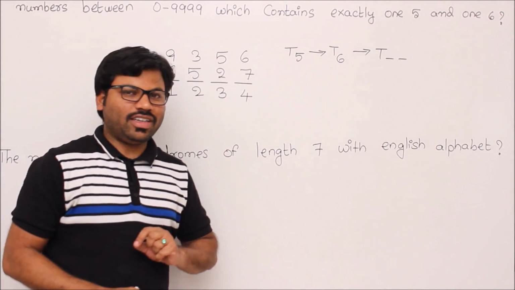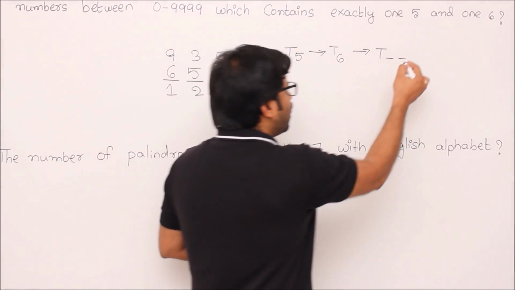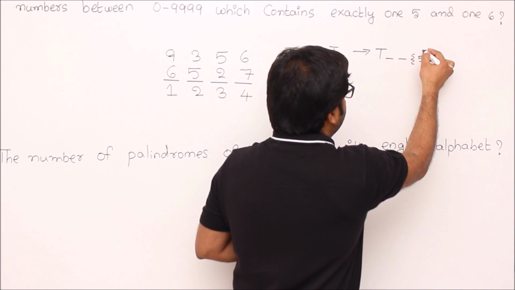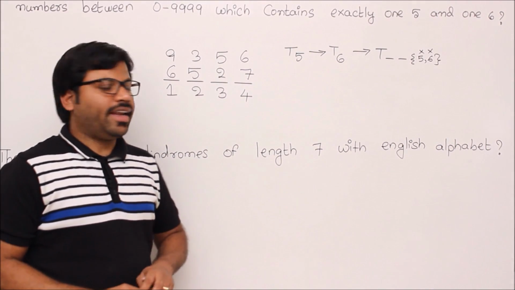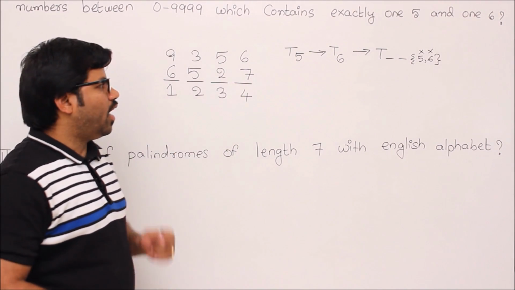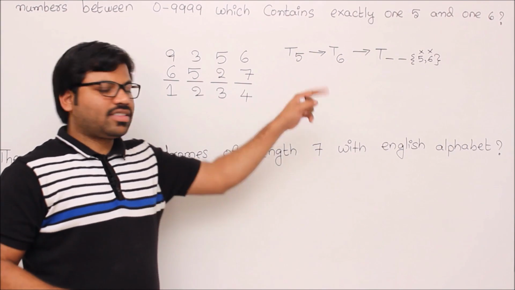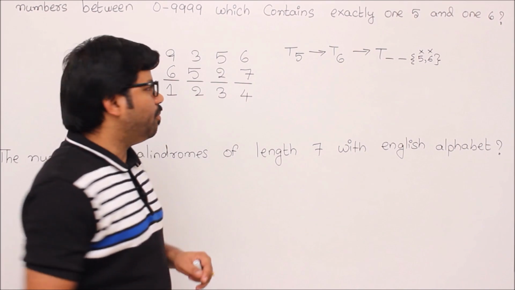Any possible solution can be made by this process. But the only thing is that in those two positions we cannot fill 5 and 6. So no 5, no 6. Then I got the task sequence. And the only thing is, we have to prove that these three tasks are independent, and we have to find out the total number of ways of doing them.